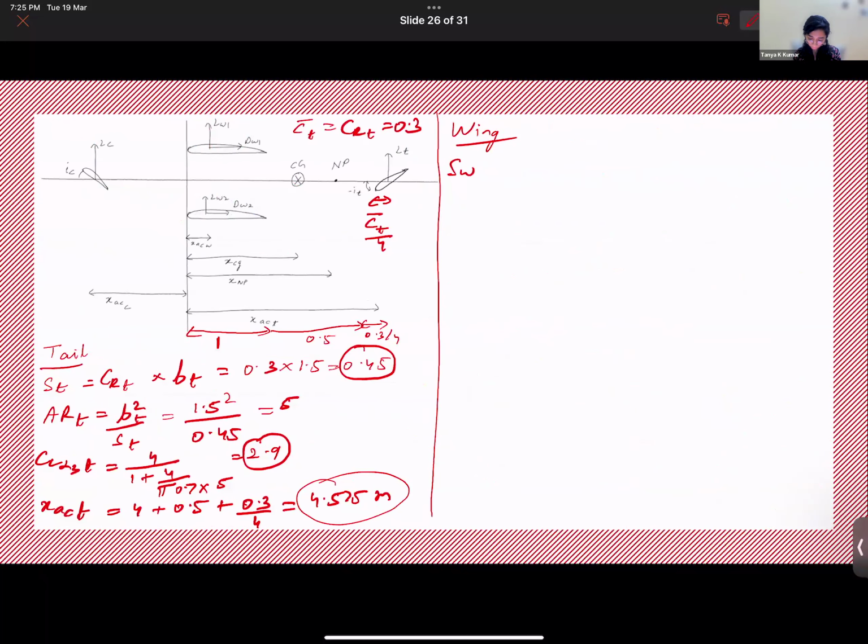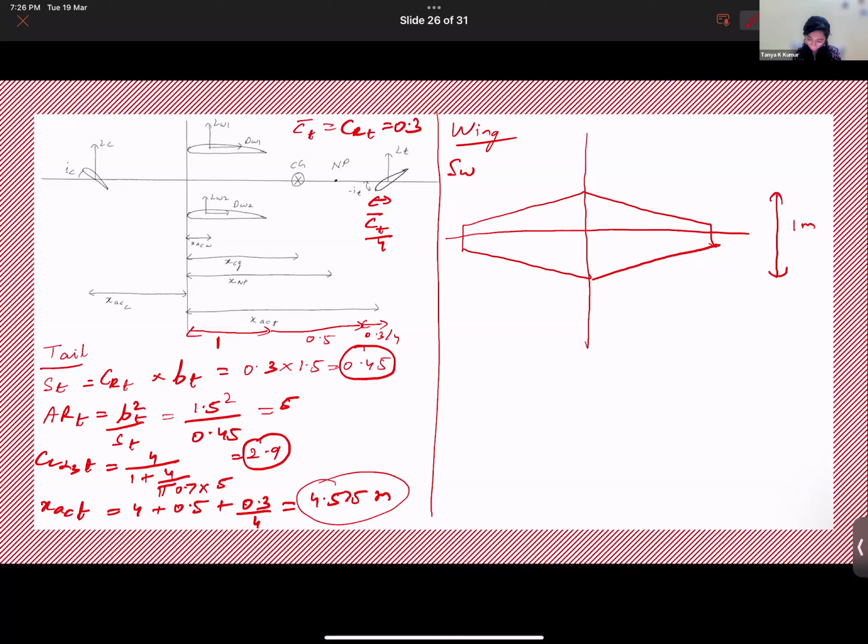So if it's tapering along the mid chord, it would be something like this. It's tapering along the mid chord. Fine. So your root chord is 1 meter.